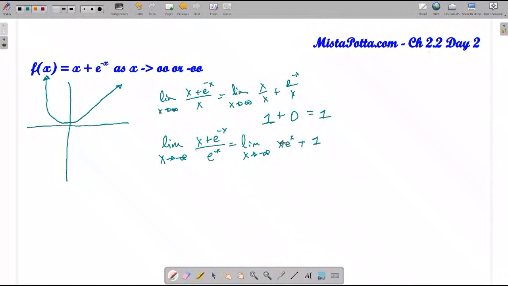And so this exponential is 0 as x goes towards negative infinity, because this exponential is going towards the left. So this is actually 0 plus 1, which is 1. So I do notice that e to the negative x is my left end behavior model for this function.